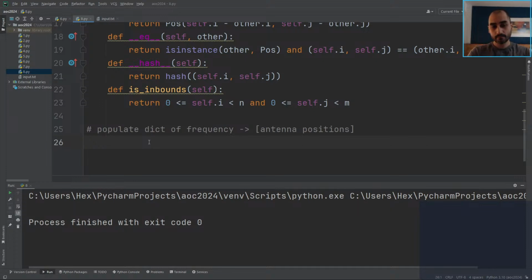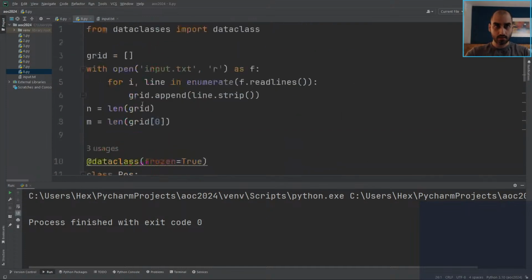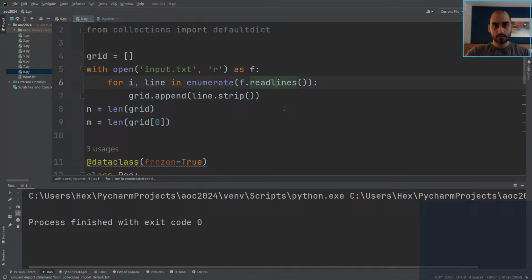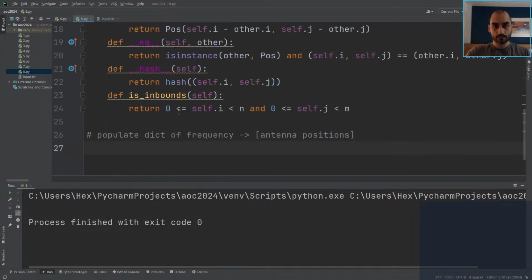So just say from, let's use a default dict. Antenna. I've got to look this up now.